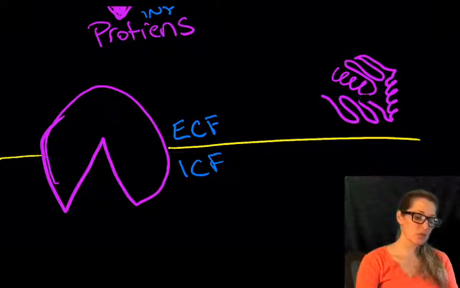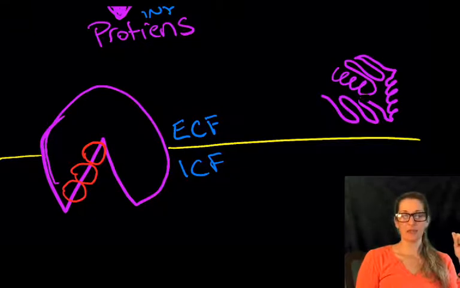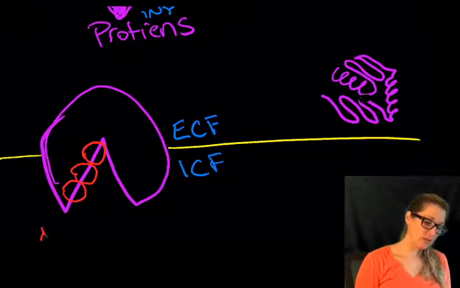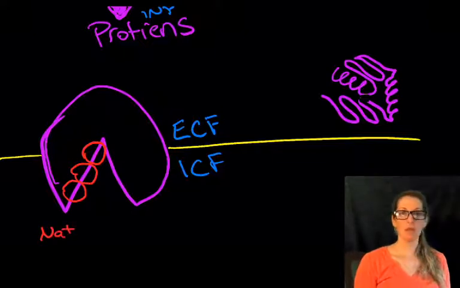When it's open to the intracellular fluid, it's in a configuration where it has 3 binding sites for a very specific ion. It has 3 binding sites for the ion sodium. Sodium is positively charged.